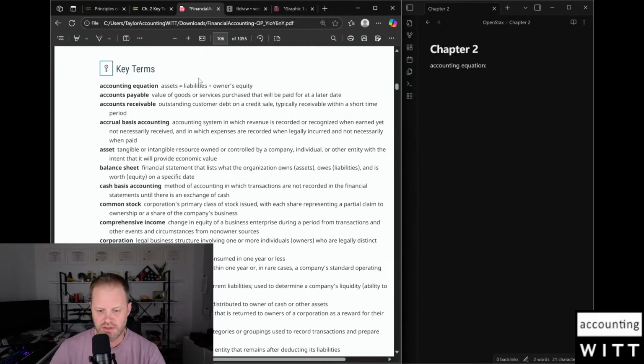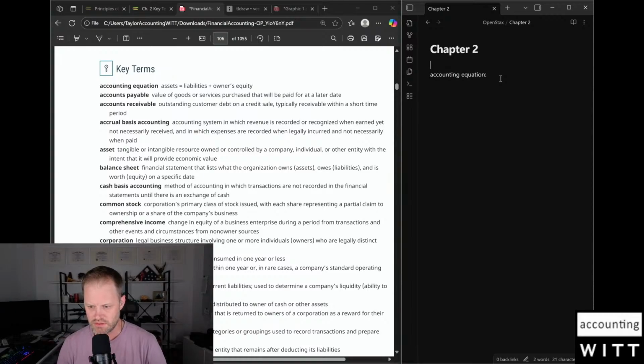So, accounting equation. If I was going to do kind of a short saying, okay, what is the accounting equation? This is the accounting equation. Obviously, assets equals liabilities plus owner's equity. But what does that really mean?